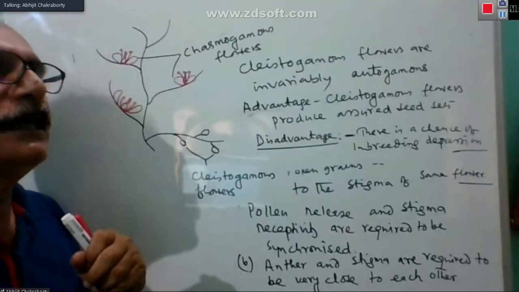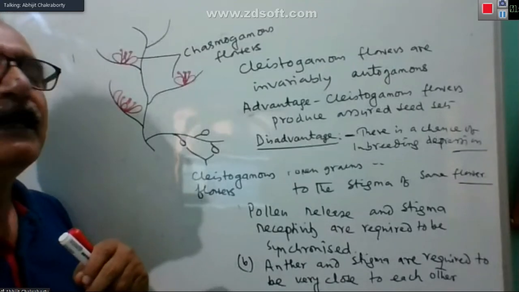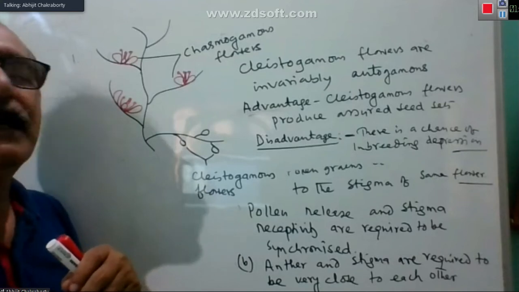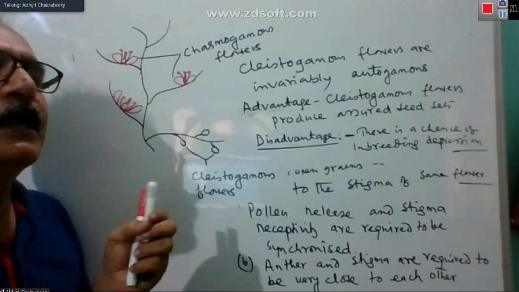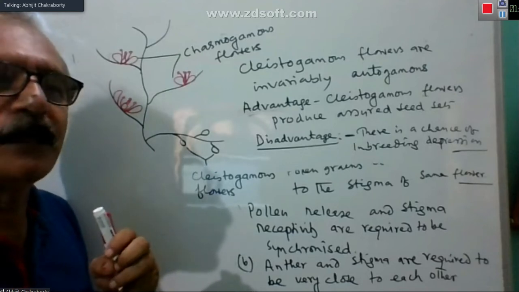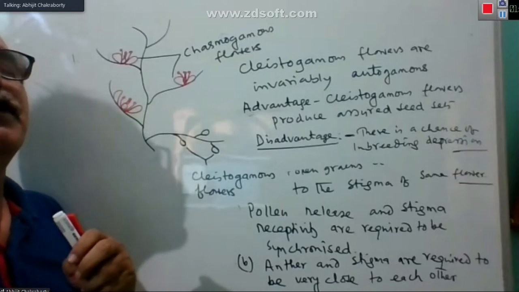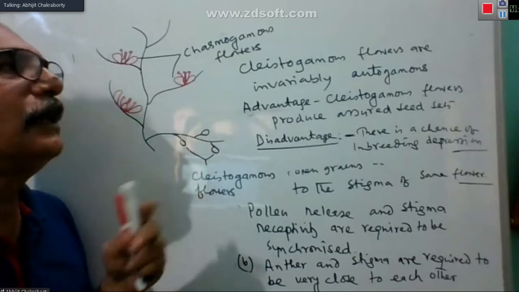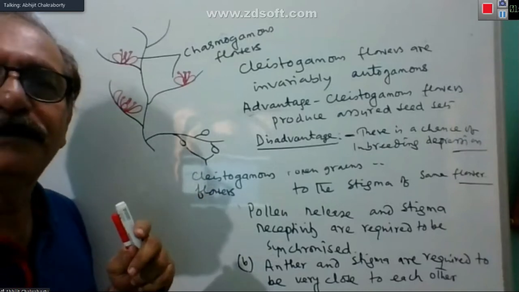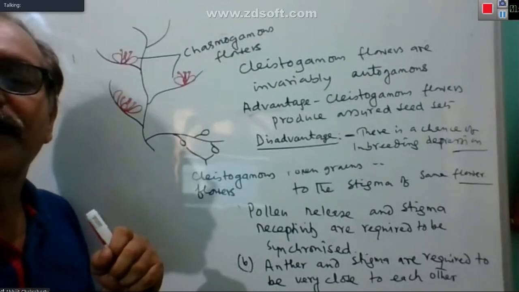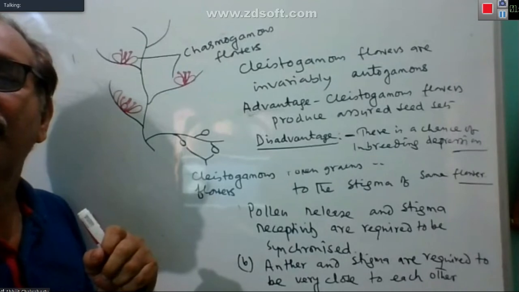So one of the disadvantages is that it may lead to inbreeding depression. But the advantage is that the anthers and stigma are very close to each other, hence self-pollination is assured, so these flowers produce assured seed sets. Is it clear to you? Yes, sir.